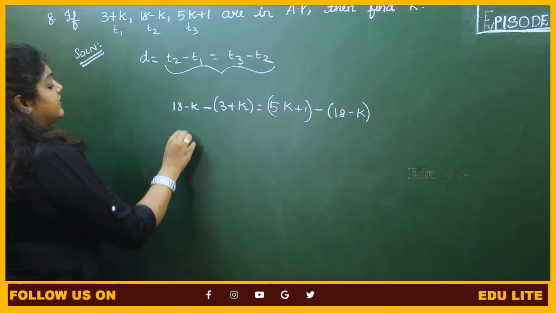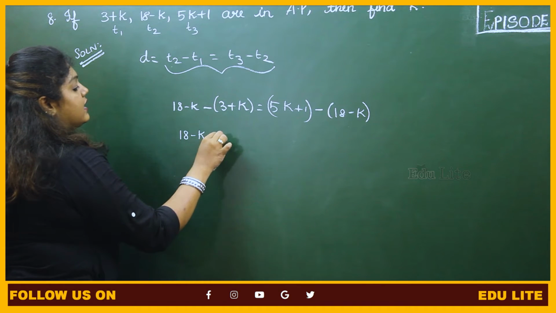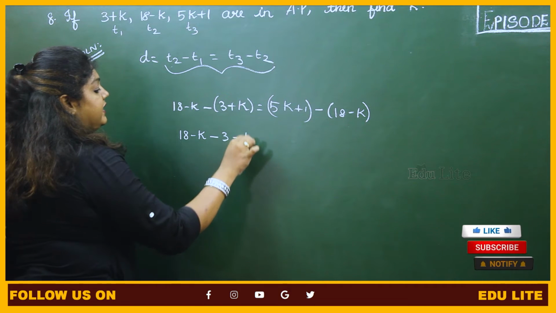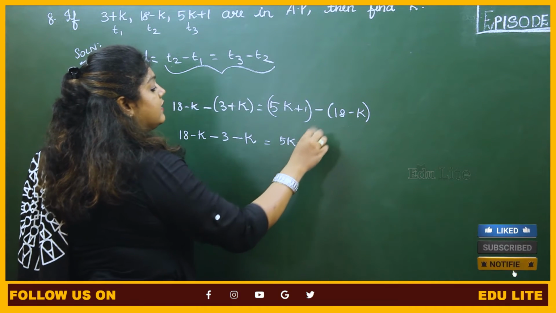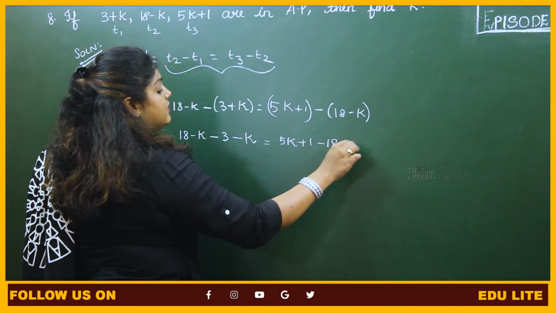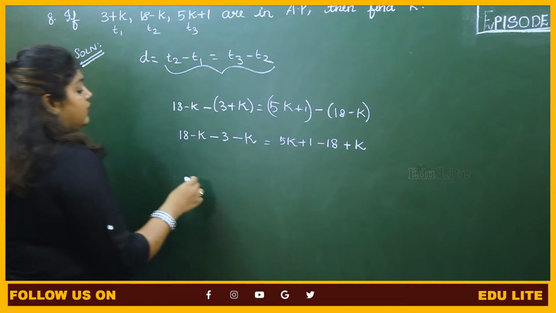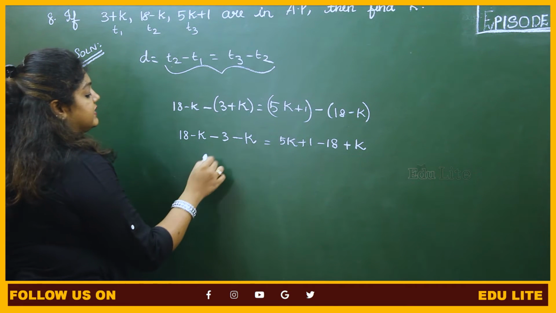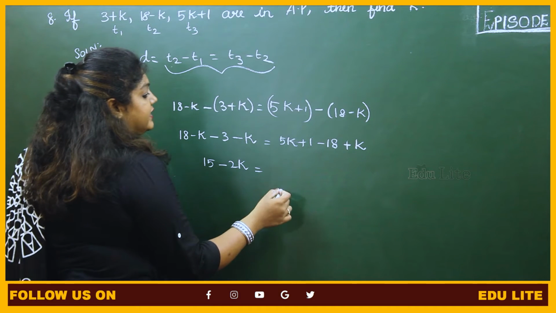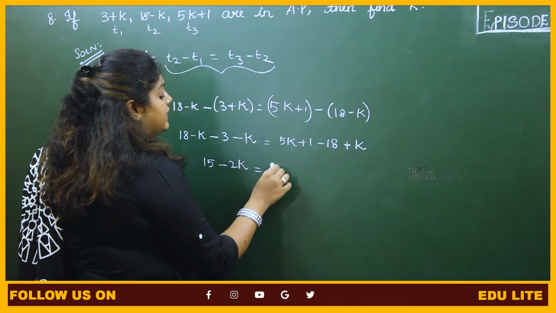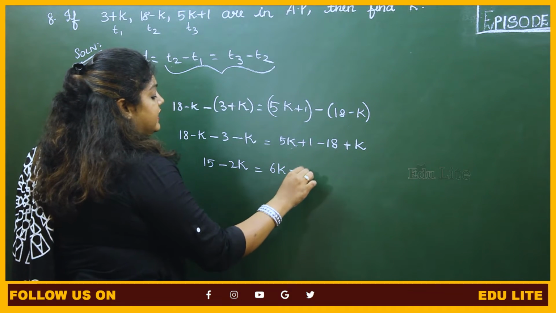Simplifying this, 18 minus k minus 3 minus k equals 5k plus 1 minus 18 plus k. Therefore, on the left hand side, 18 minus 3 is 15 minus 2k, and on the right hand side it is 5 plus 1, 6k minus 17.